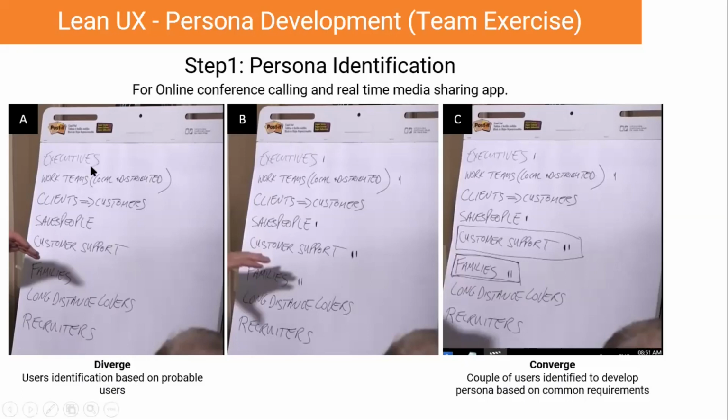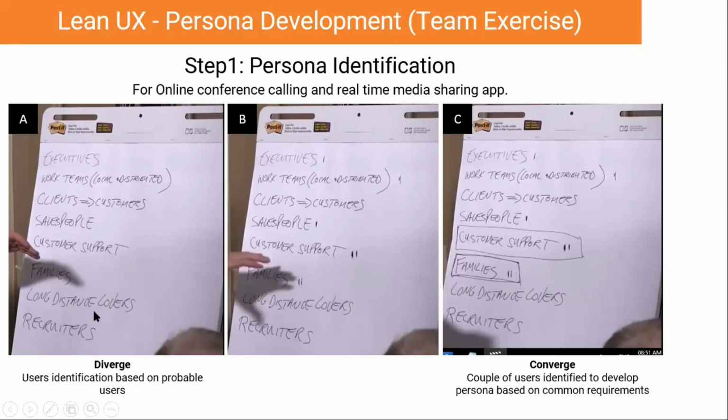In this example, they ask who all will be using an online conference calling service. If I ask you to give me a list of people who will be using it, somebody will say executives of the company, work teams, clients and customers, salespeople, customer support, families, long distance lovers, recruiters.